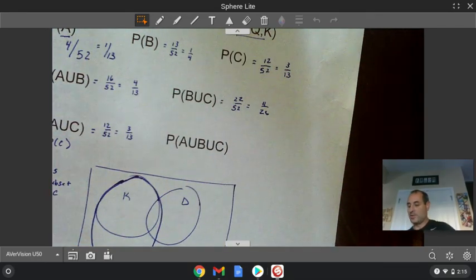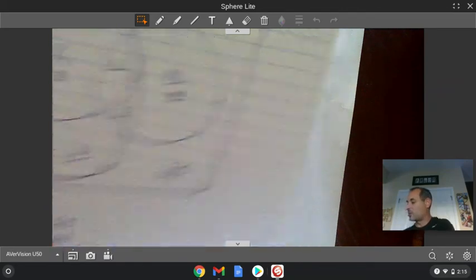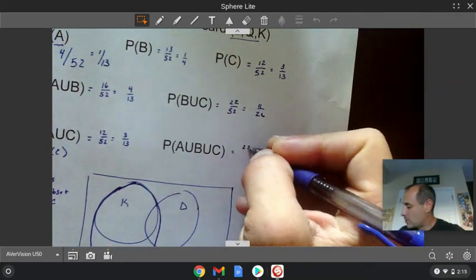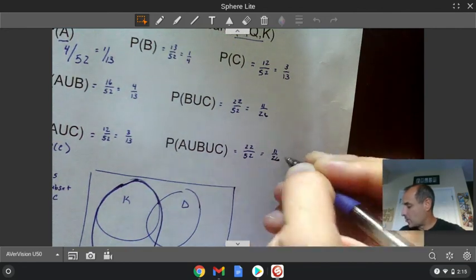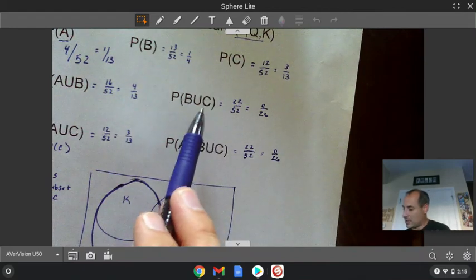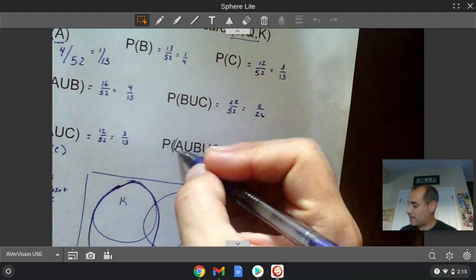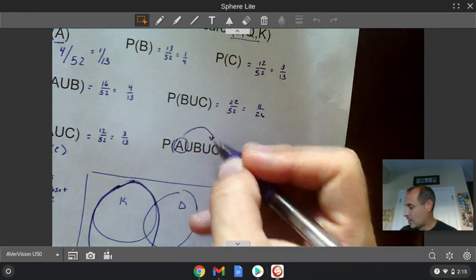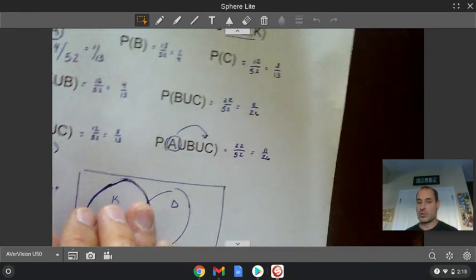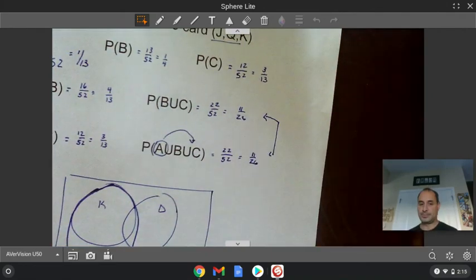King or a diamond or a face card is just adding these all up together again. 3, 4, 5, 6, 12, 22. 22 out of 52, which again is 11/26. I'm going to go back and look at that diamond or face card again. Diamond or face card. Yeah, that is exactly the same because, again, the king is just a subset of face card. So it's no surprise that these two are equal to each other.